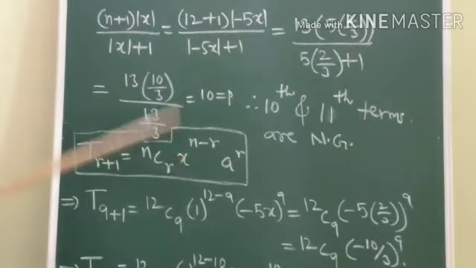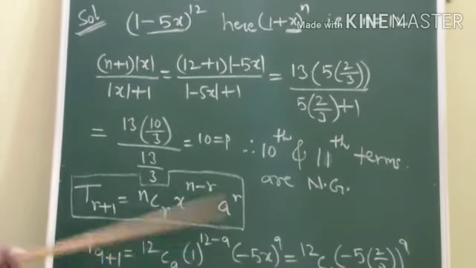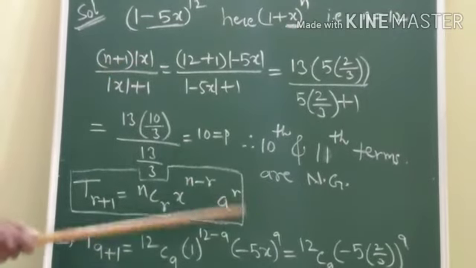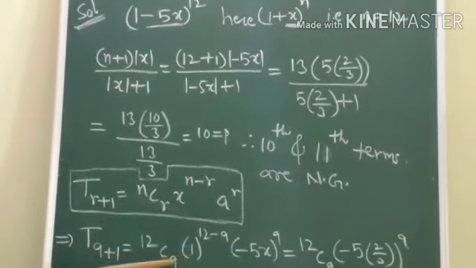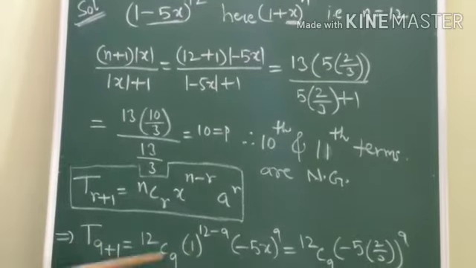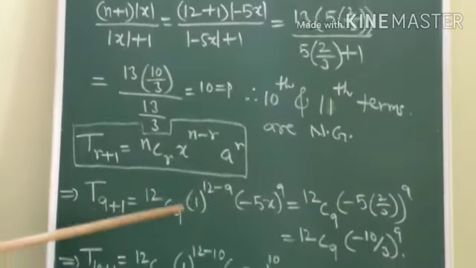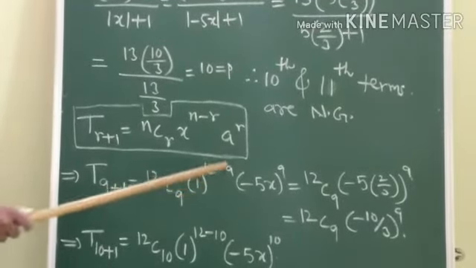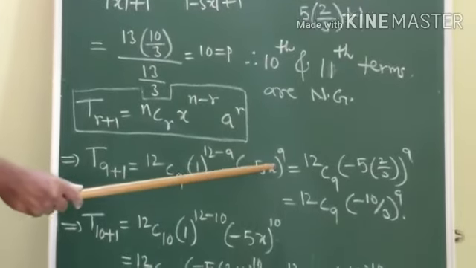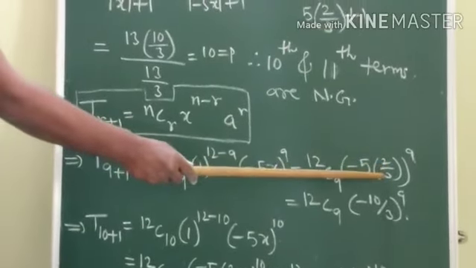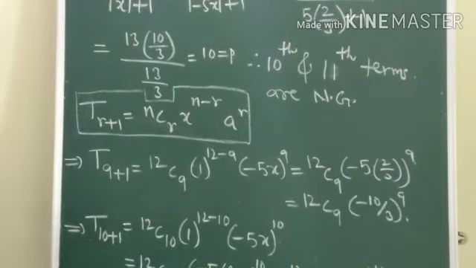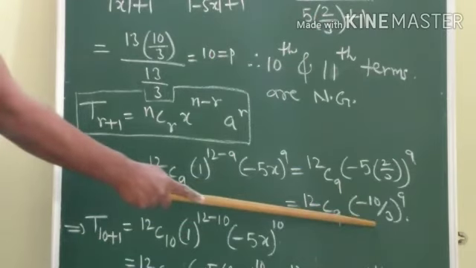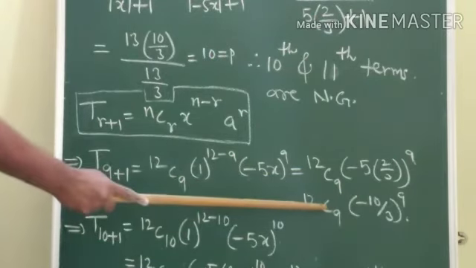Here x is the first term, that is 1, 1^(12-9). a is the second term, (-5x) to the power of r, which is 9. By simplifying, 12C9, 1 to the power of anything is 1, and (-5 times 2/3)^9, since x is 2/3.